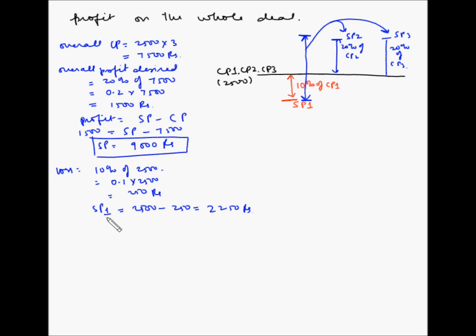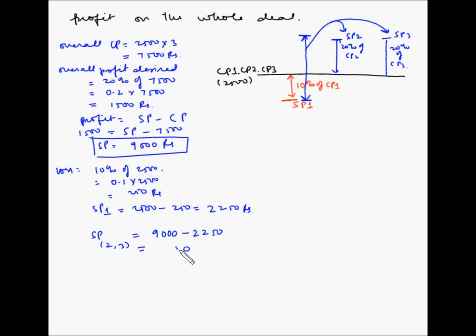So we know the selling price for the first item and we know the overall selling price that we want to achieve. So the selling price for the second and the third item would be the overall selling price minus SP1. So selling price for 2 and 3 is equal to 9,000 minus 2250.